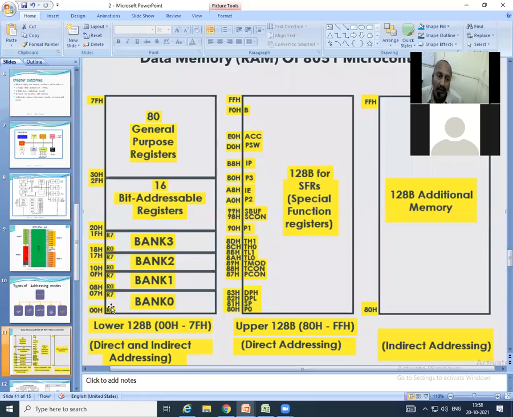In each bank, 8 registers are there, that is R0, R1, R2 up to R7. Each one has a memory location. So bank 0 R0 register has the address 00H.